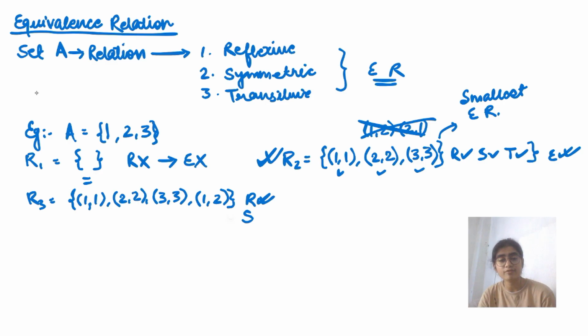For symmetric, if I have (1, 2) in the relation, then there should be (2, 1) also in this relation, but there is no (2, 1). So this is not satisfying symmetric. If it is not satisfying symmetric, we don't need to check transitive now because one condition is already unsatisfied. So we can say that it is not an equivalence relation. Okay.